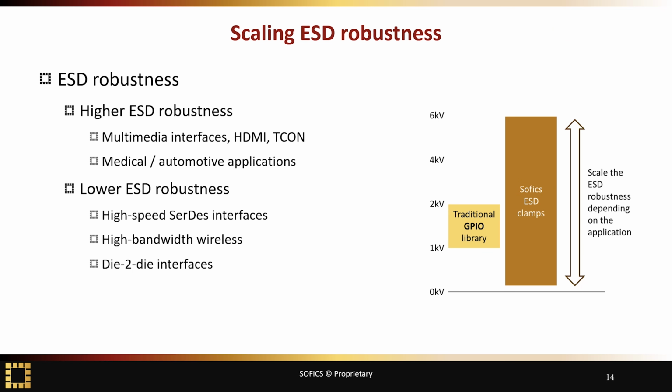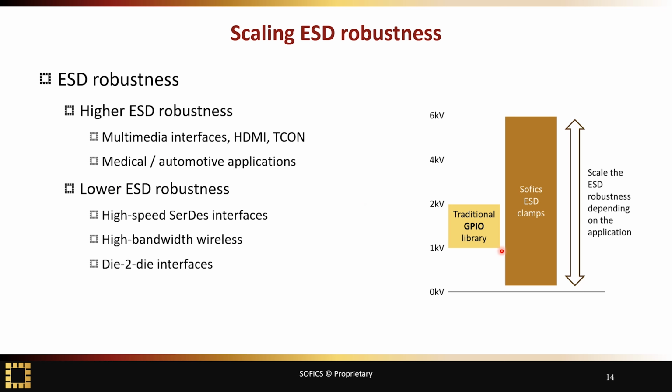We have done such applications for different projects. Finally, sometimes the ESD robustness needs to be different than the standard one. The traditional GPIO library comes with, for instance, 1 kV or 2 kV HBM robustness. We have worked with all kinds of applications, and sometimes you need much higher, even higher than 6 kV shown on this graph, for instance for multimedia interfaces, HDMI, USB, timing controllers. Typically medical and automotive applications also require higher ESD robustness.